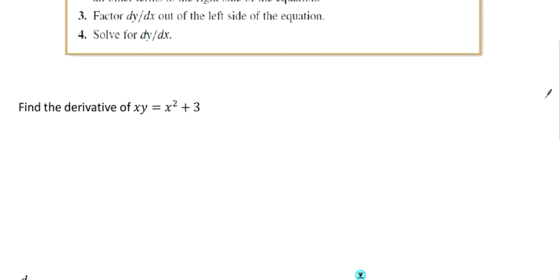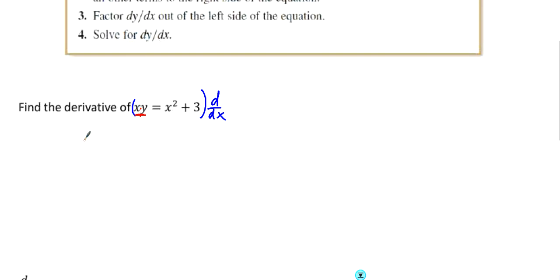So it says find the derivative of xy equals x squared plus 3. Okay, so first thing following our steps is we take the derivative of both sides with respect to x. So we're basically taking the derivative with respect to x for the whole thing. We're going to start with the left side, so I'll do the left side in red. Now I'm taking the derivative of x times y, so I have to do product rule.